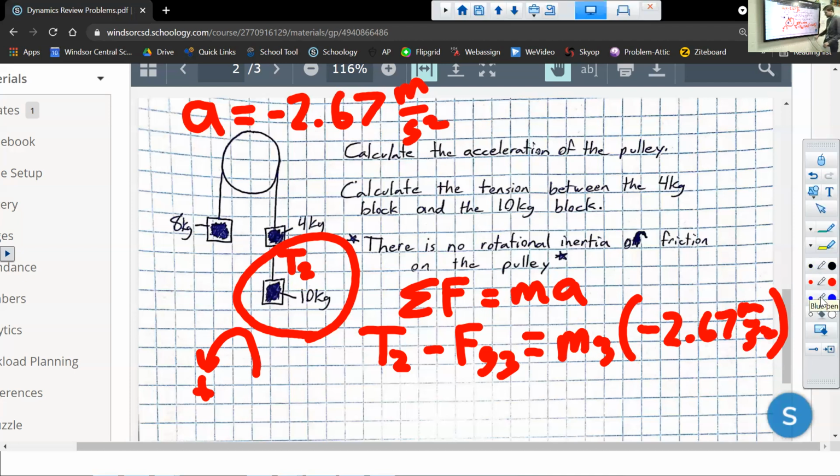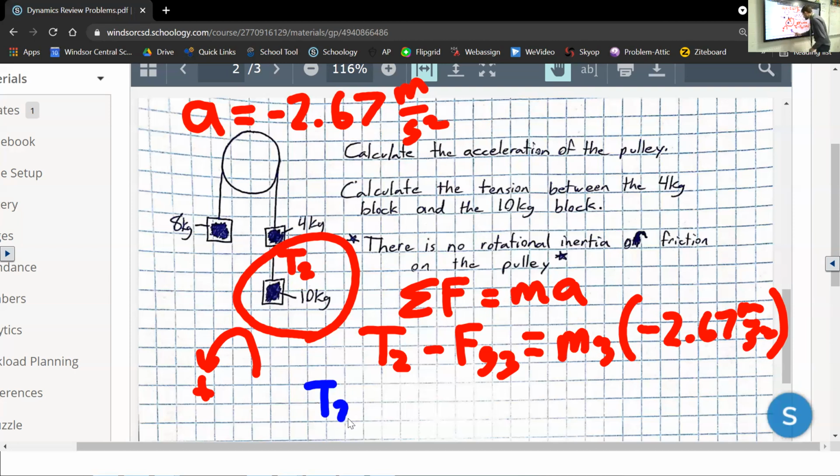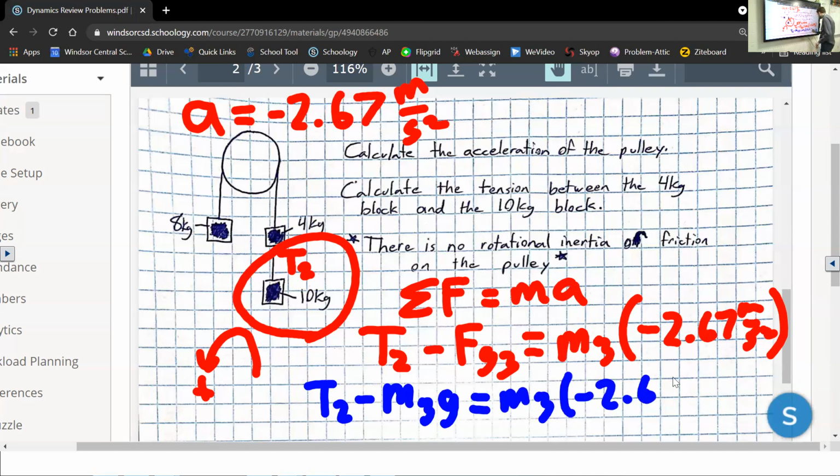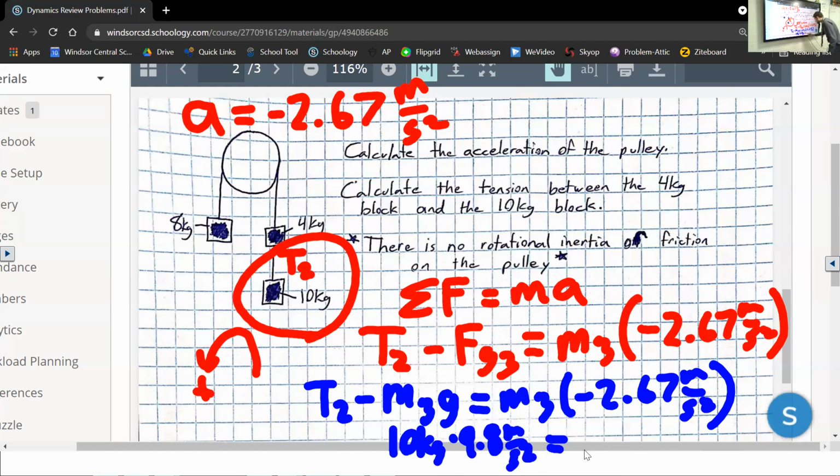But now I know everything else. So T2 minus M3G is equal to M3 times that acceleration. All right, so I can plug in 10 kilograms and 9.8, equals 10 kilograms times that acceleration.